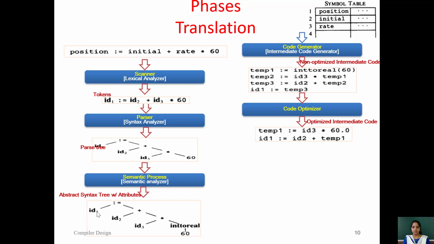The code optimizer optimizes the given intermediate code. That means optimizing is nothing but duplicate code being deleted. In the place of temp1 you can write 60 directly. By replacing temp1 with 60, we can remove the first statement.